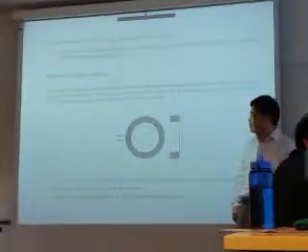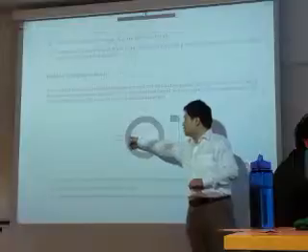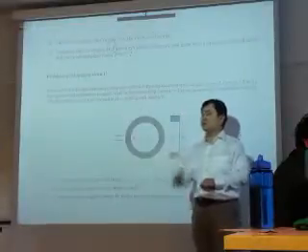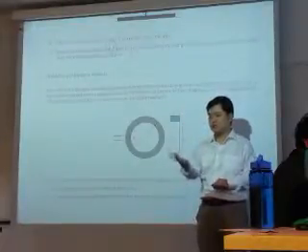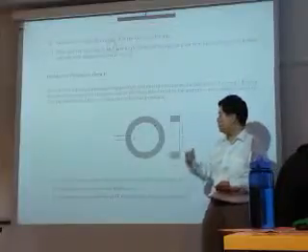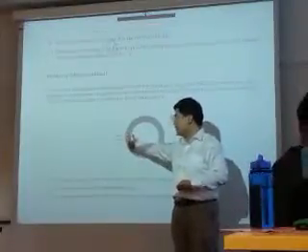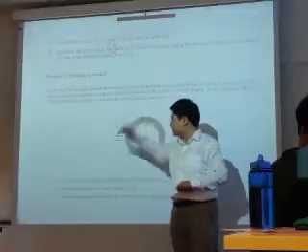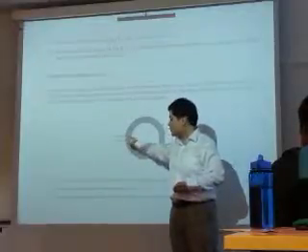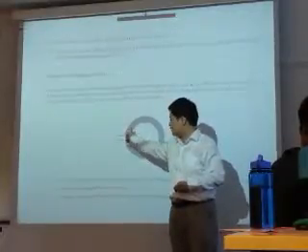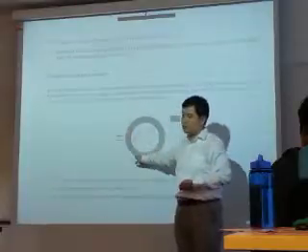So actually, after you know the lines, first you need to know the shape of the field. In this case, imagine you are grabbing this ring, and you use the forefinger to represent the direction of the current. Grab it like this. So it goes this way, clockwise.